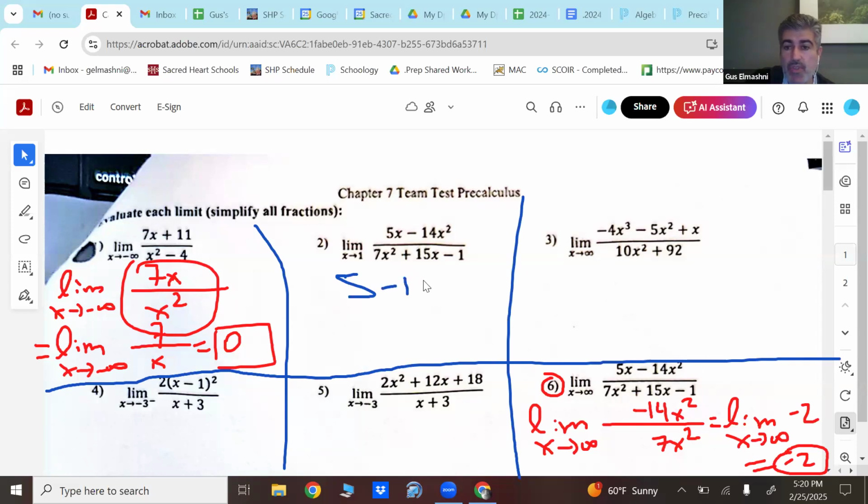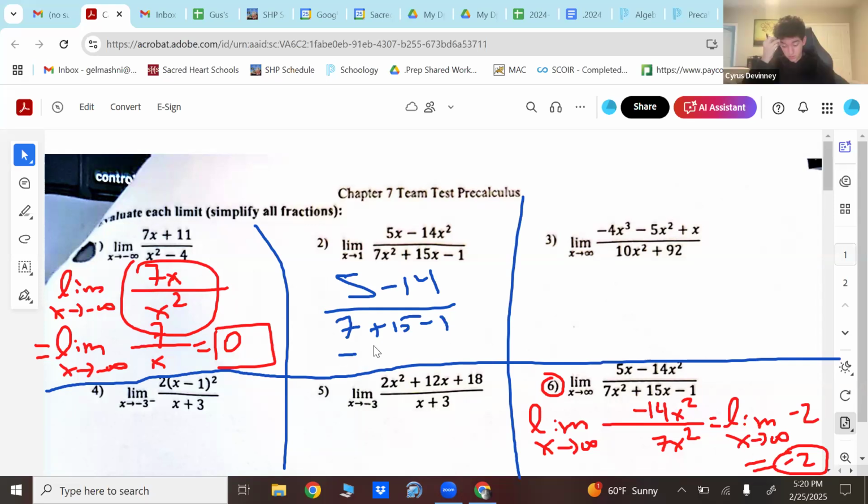And actually, you should always check the substitution first, always, because sometimes that will do the trick. And once you substitute, you don't need to write the limit notation. Okay. So you get -9 over 21. And that reduces to -3/7, I think.